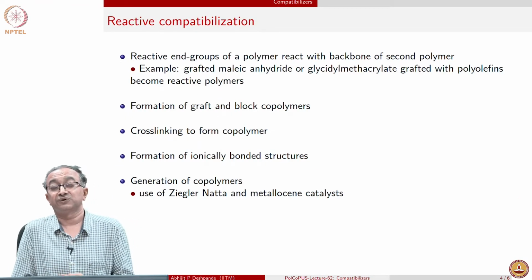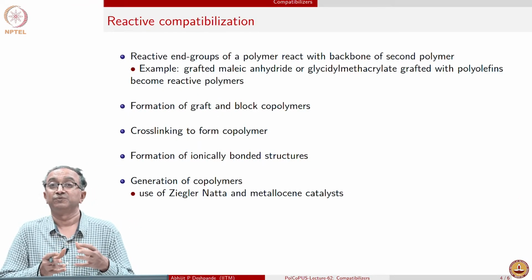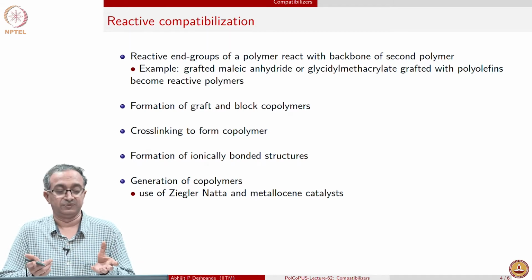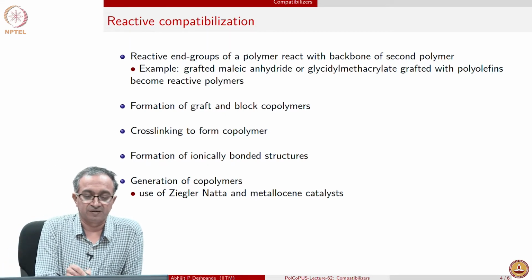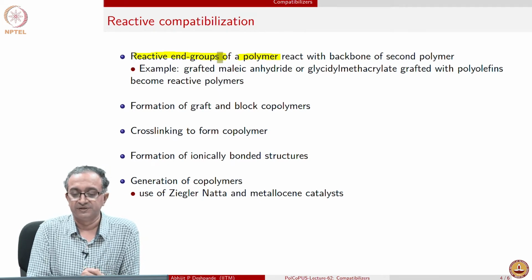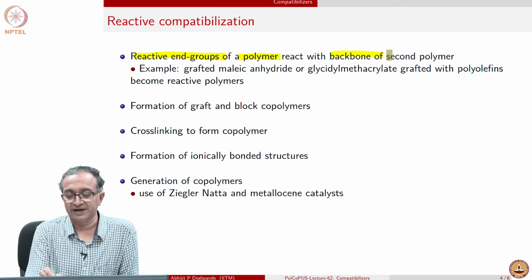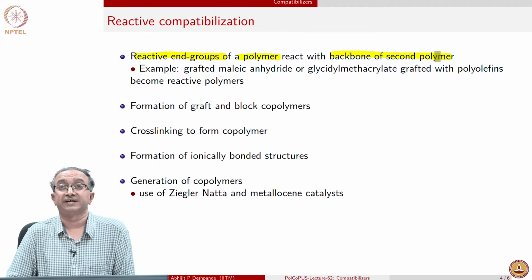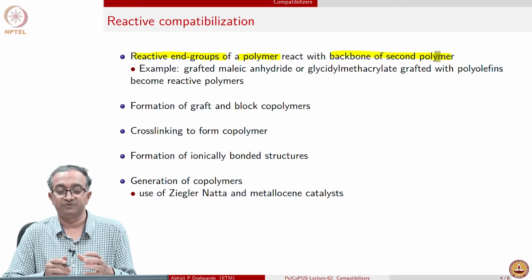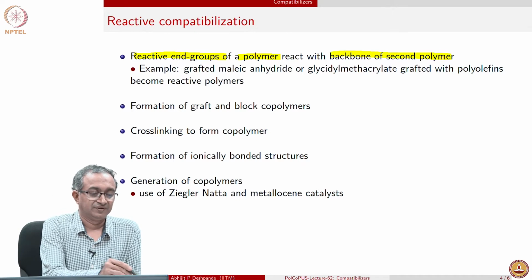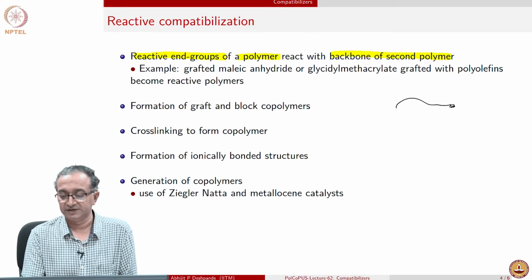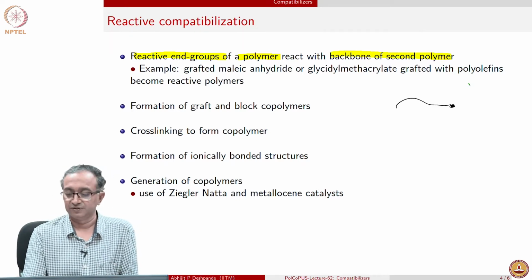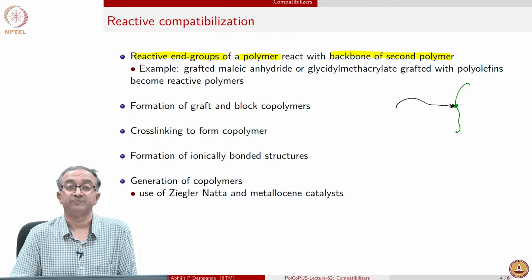Reactive compatibilizer, on the other hand, reacts with one or both of the macromolecules. So, for example, a macromolecule can have reactive end groups, and that can react with the backbone of a second polymer. So, then what we are doing is we are connecting. A macromolecule, its end group is reacting to the backbone of another molecule.